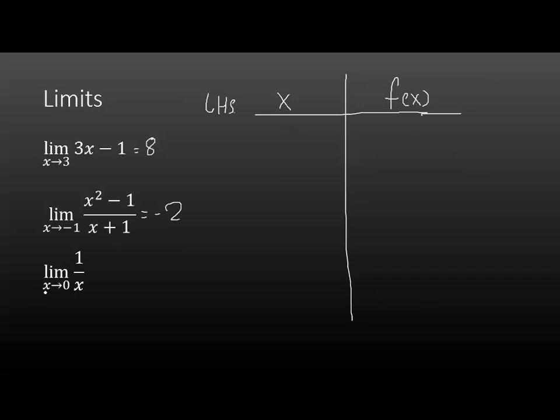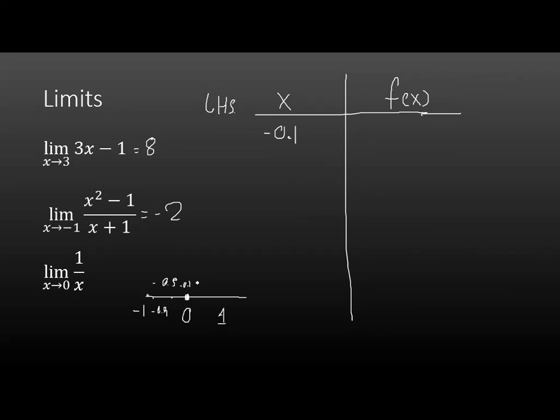Okay. So 0. So what are the values from the left side that approach 0? Well, we have negative 0.1, right? Because you see, we have 0, then we have negative 1, we have positive 1. So here we have negative 0.9, then negative 0.5, then negative 0.1, then exactly 0.